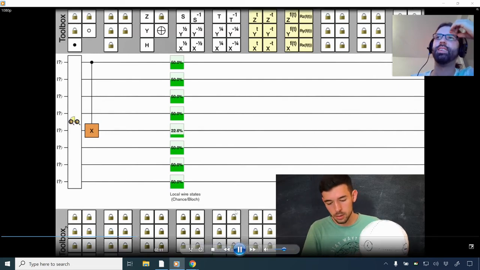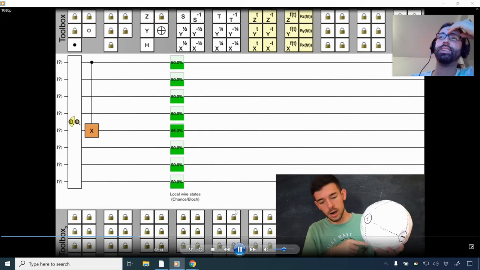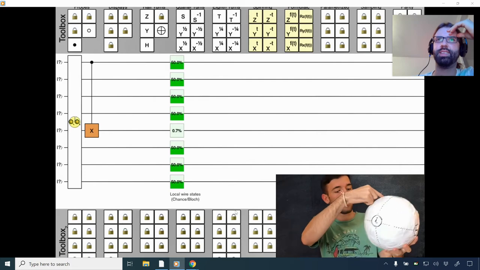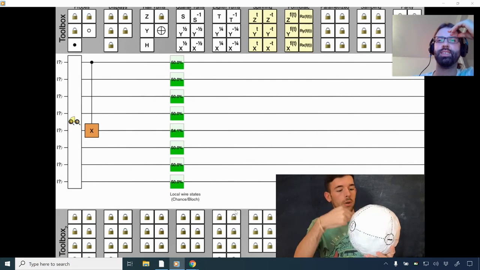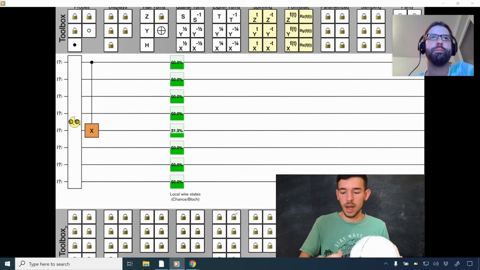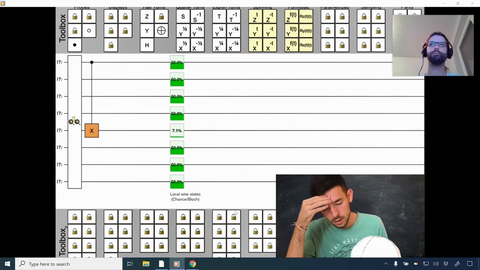So probably the states are turned around some axis from 1 to 0. So we are trying to find the axis of this circumference.